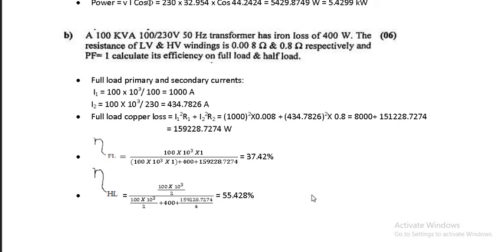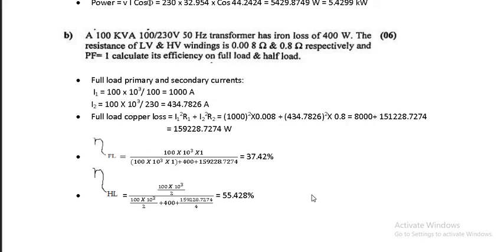Okay, the next value is half load. The moment you say half load, the output will be divided by 2. So 100 into 10 cube into 1 divided by 2. In the denominator again it will be V2 I2 cos phi 2 by 2, because it is half load, plus the constant loss as it is, that is 400, plus the variable loss divided by 4. Why divided by 4?